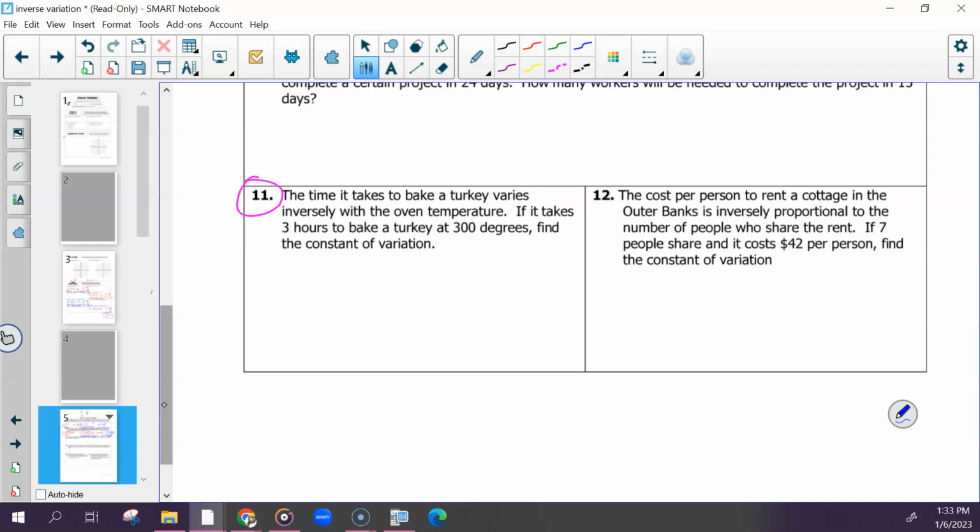Time. Time and temperature are X and Y. Which one is which? When is Y be time?